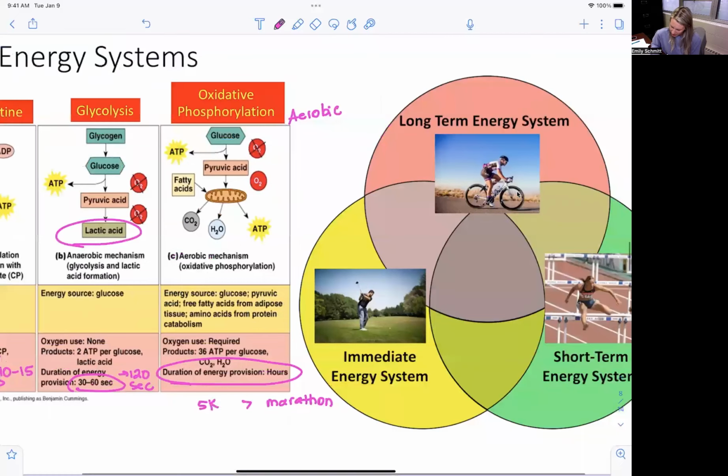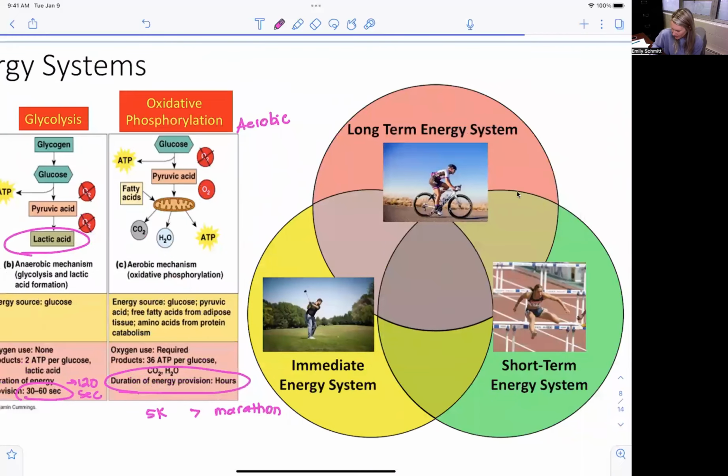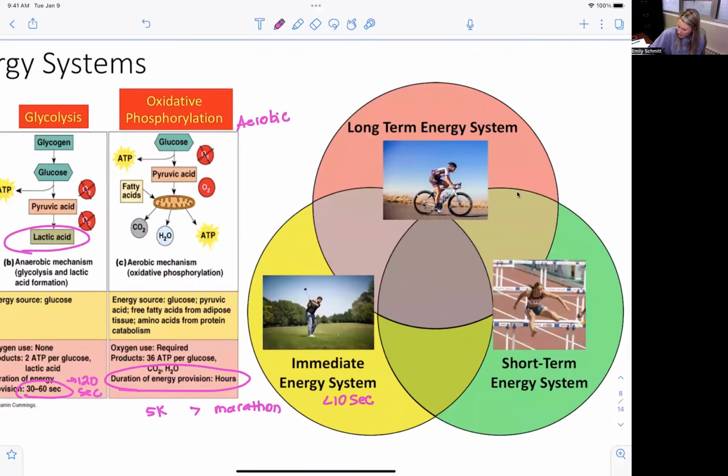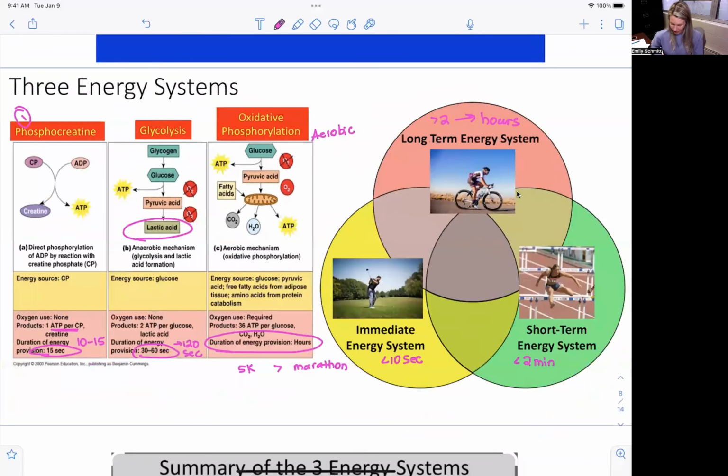So looking at our immediate energy system, again, this is less than 10 seconds, like a golf swing. Our short-term energy system, we're talking about less than 2 minutes. And then our long-term energy system is greater than 2 minutes to hours. So we'll review and revert back to this figure a couple more times, but just understanding phosphocreatine and glycolysis, these are your anaerobic systems.